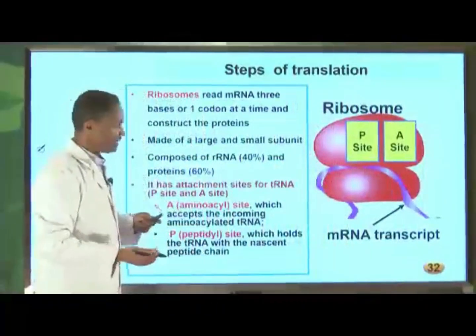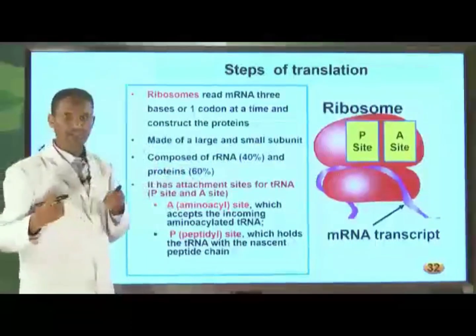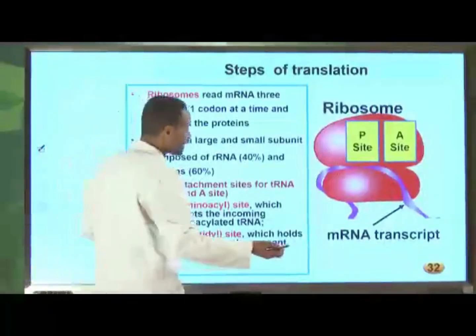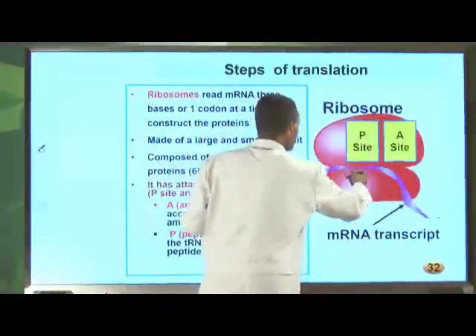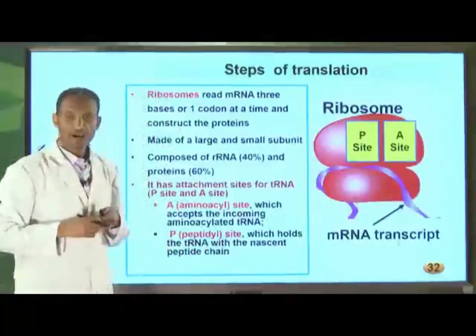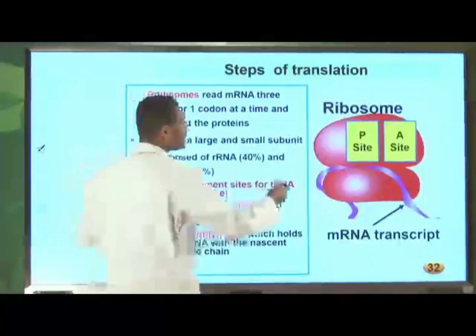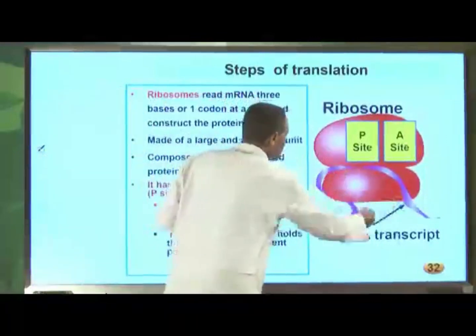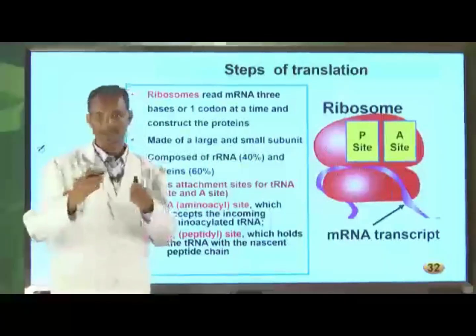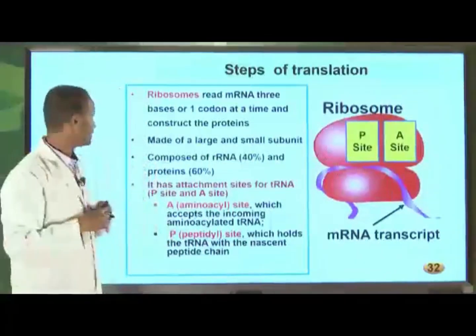But the transfer RNA carries amino acids from the cytoplasm and transports them into this ribosome and puts these amino acids at different positions on messenger RNA by reading its complementary codon through its anticodon.